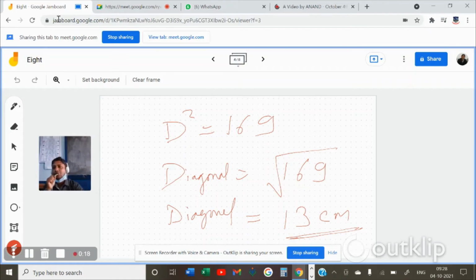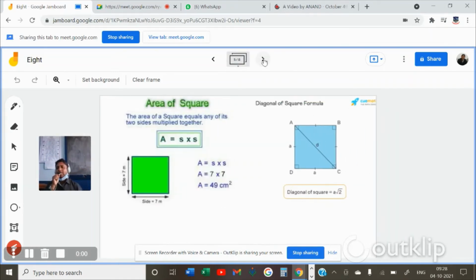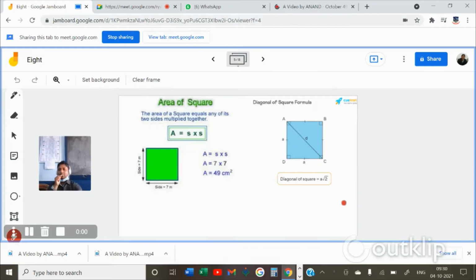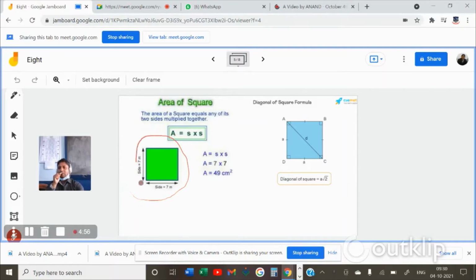Okay, now moving on to the next diagram. Now you tell me, what is this? Yeah, it's a square. Can you see there are two diagrams? Okay, done. Can you see a green color square out here?